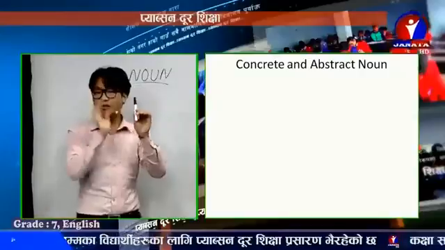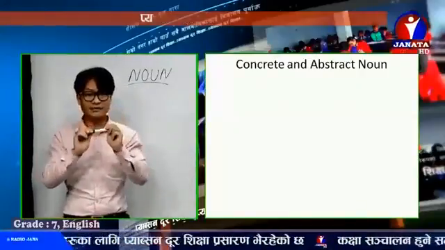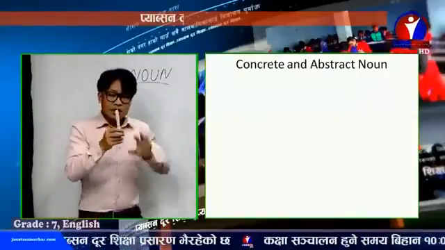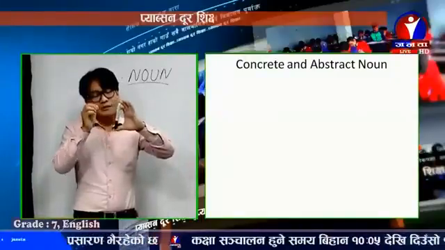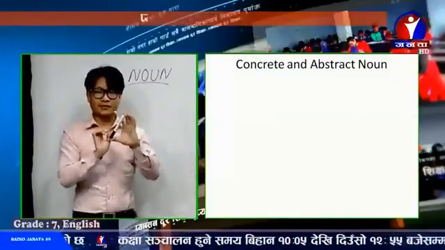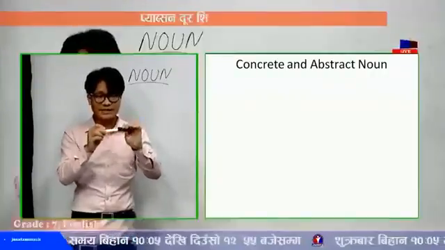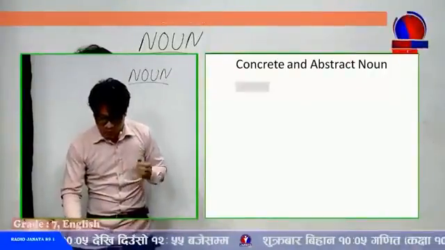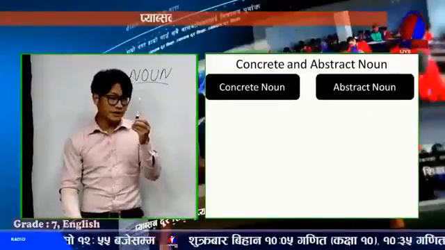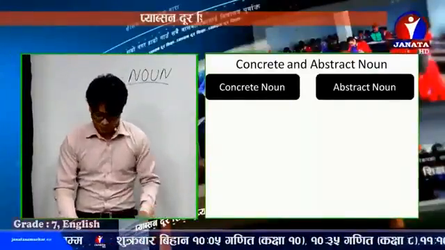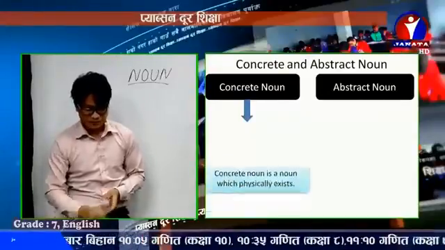We can touch it. We can see it. This marker exists physically so that we can touch it. So marker is which noun? Later we will know.